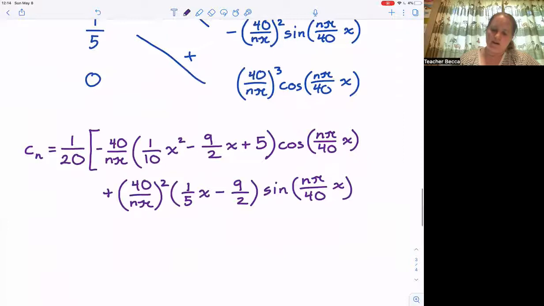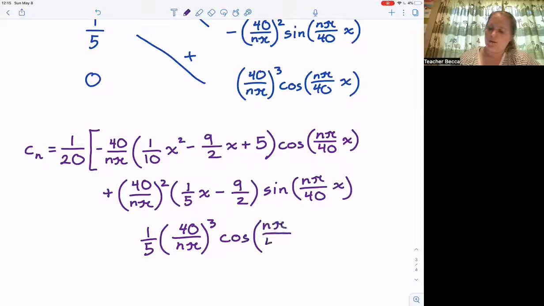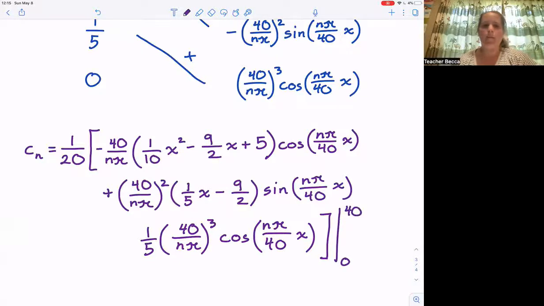And then we are adding on a 1/5 times 40 over n pi entire fraction cubed times cosine n pi over 40x. And we are evaluating this from 0 to 40.